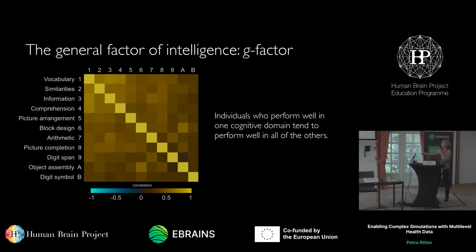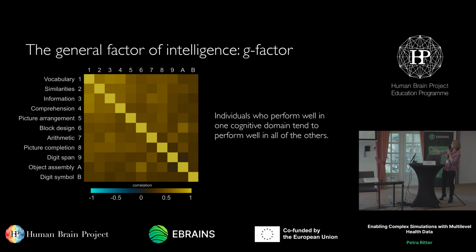What has been shown is that across different domains, so for example, memory or the knowledge of vocabulary, or spatial orientation, many other things that can be tested. Sensory perception is also part of intelligence testing. And usually there is a good correlation.